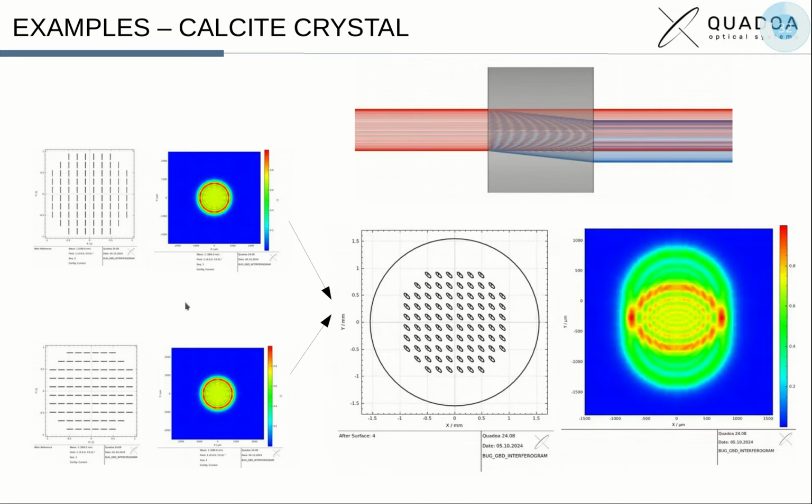And what we can do now is overlap the two polarization states, and we get the combined elliptical polarization state. And we can also use the wave optical interferogram analysis to overlap both beams, so we also get the overlapping intensity and phase.